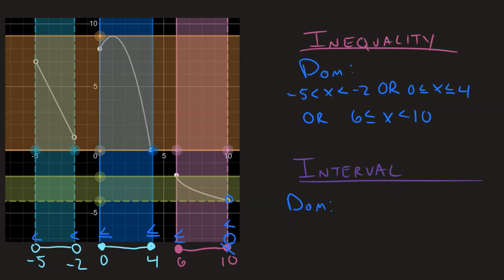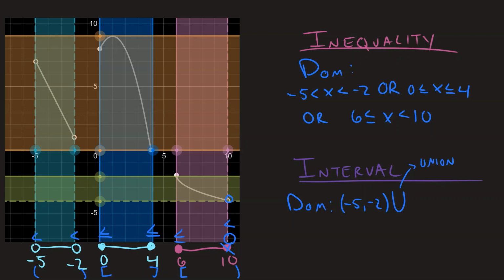Now, in interval notation, we're going to do this very similarly. Once again, open points are parentheses, closed points are brackets. So we can start simply by writing parentheses -5, comma, -2. Now, instead of using the word or in interval notation, we use a U symbol. The U symbol stands for union, which is basically a fancier way of saying or.